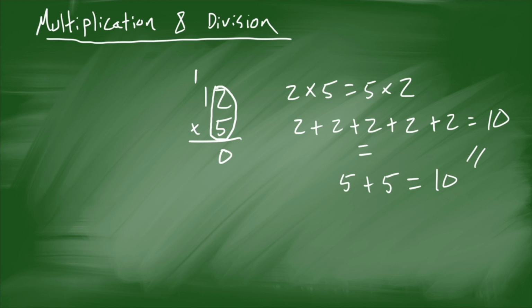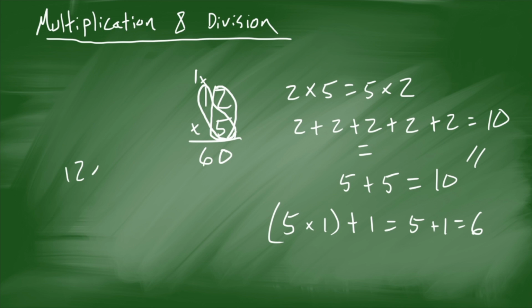In multiplication, we have to go this 5 times 1, and then plus this 1. So we'd have 5 times 1 plus 1, which is 5 plus 1, which is 6. So 12 times 5 equals 60. So we'd have 60 eggs.